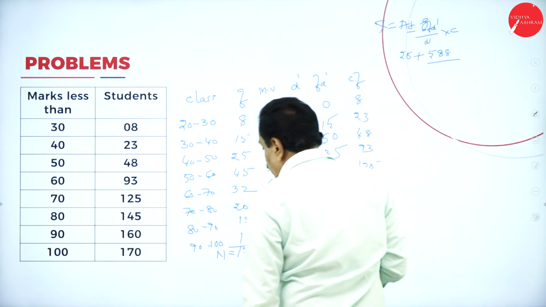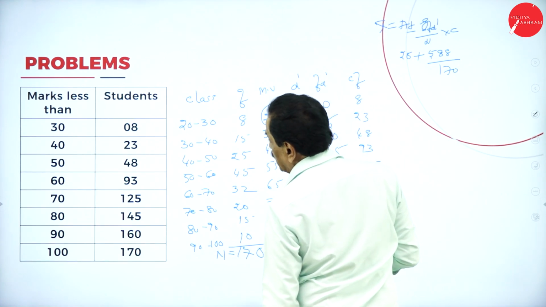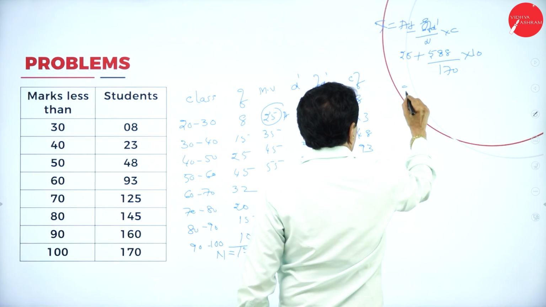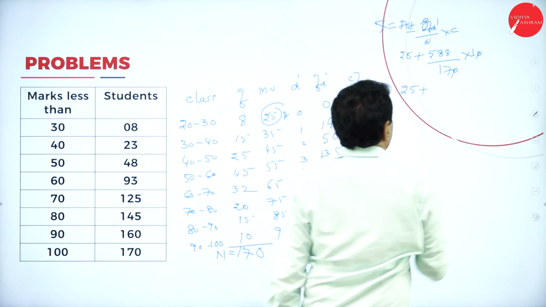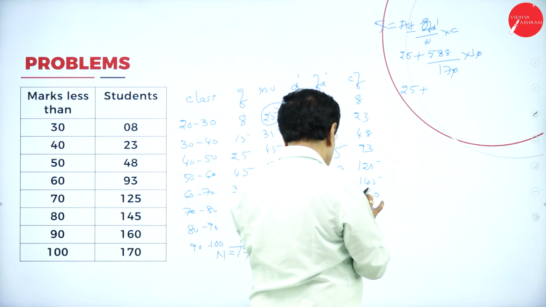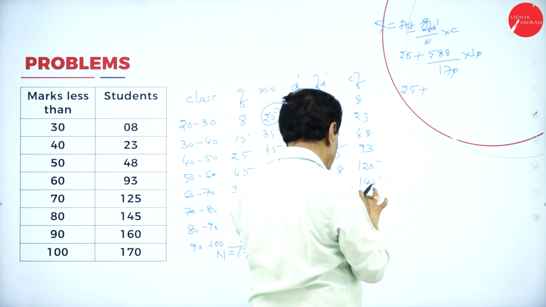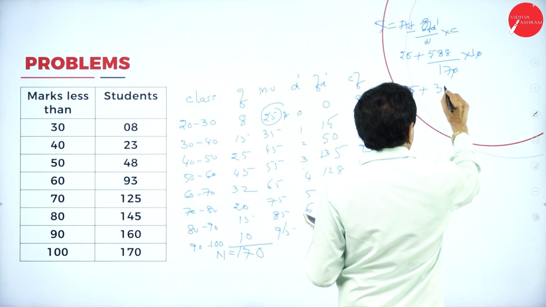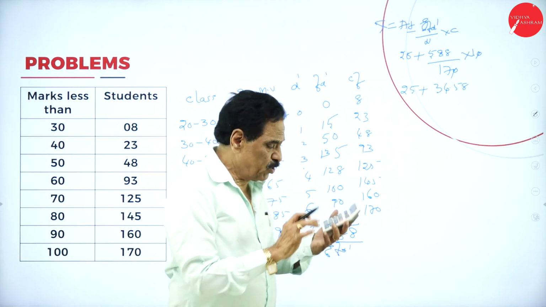Divided by number of frequency, 170. Your class interval is 10. Simplify this. 25. Cancel the 0. Now, 588 divided by 17. It works out 34.58. For 34.58, add 25.